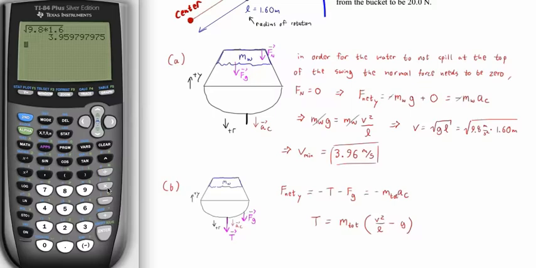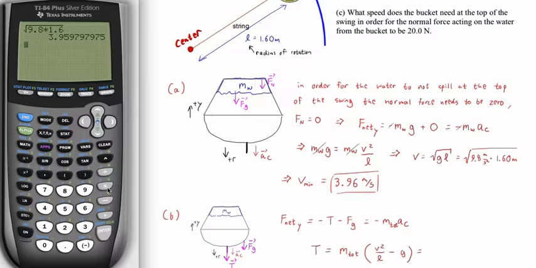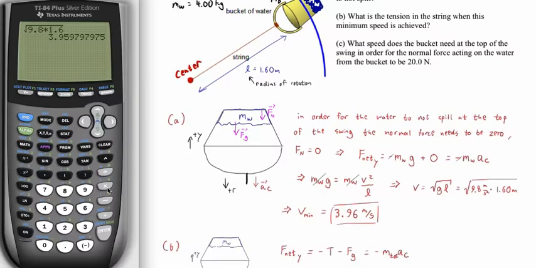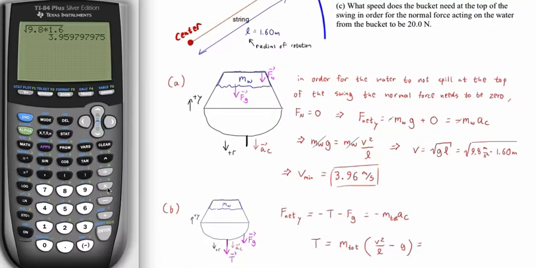And then if we plug in the values, M total should be the sum of 4 and 2.4 kilograms, which is 6.4 kilograms. The velocity that we solved for, 3.96 meters per second, quantity squared divided by 1.6 meters, minus 9.8 meters per second squared.